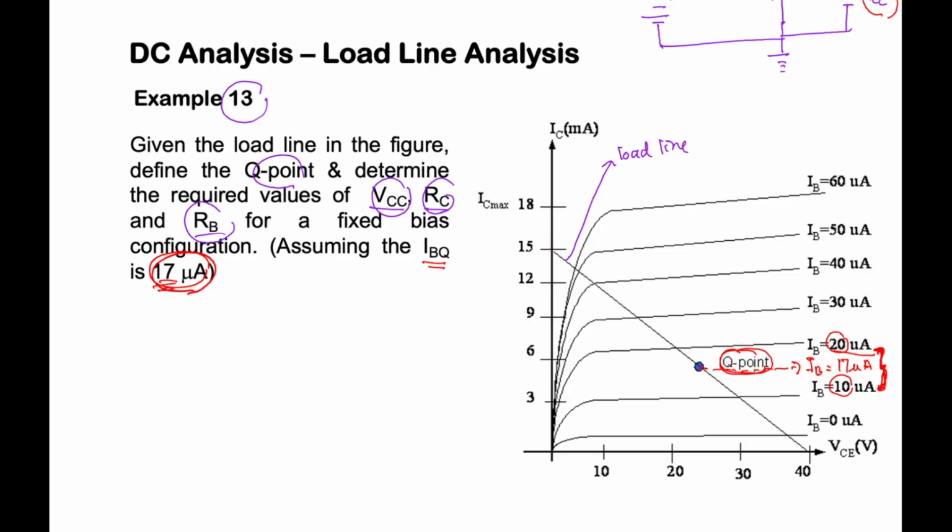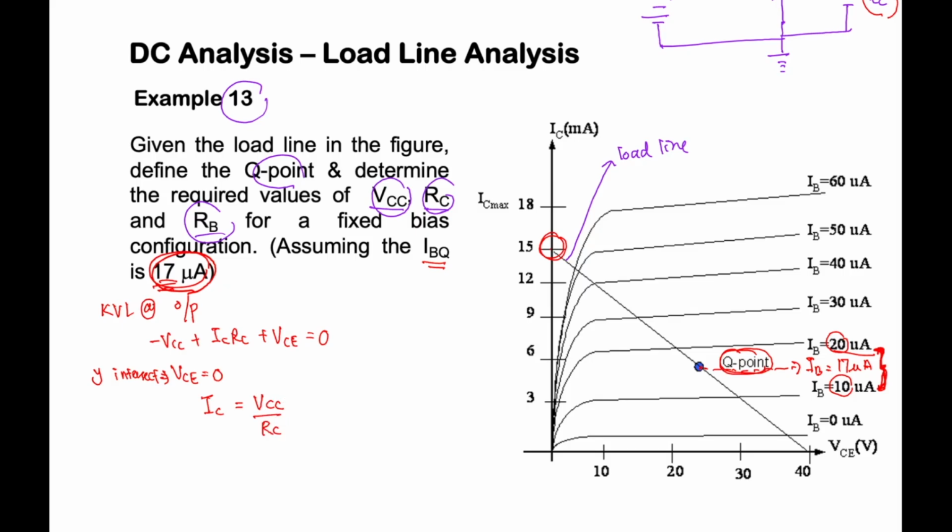Based on this load line, the KVL at the output loop says: negative VCC plus IC RC plus VCE equals 0. At the y-intercept, VCE is equal to 0, so the equation becomes IC equals VCC over RC.